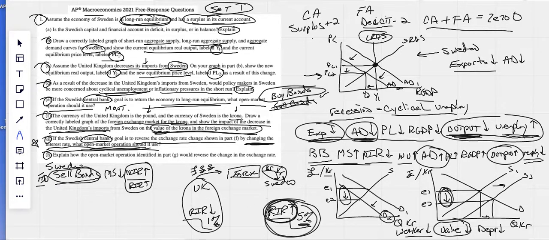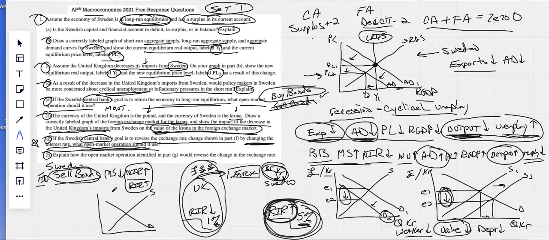Again, the understanding here is that as these UK citizens notice the higher real interest rate in Sweden, they're going to sell their currency in the Forex and buy Corona. As they buy Corona, we could draw and recognize that the demand for the Corona is going to increase because of those high real interest rates.